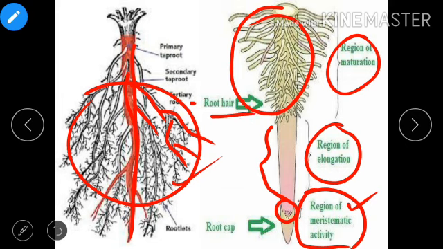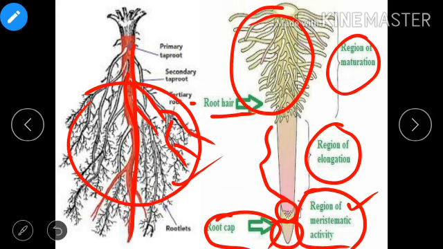The function of root hair is to increase the surface area for absorption of water. Now this is called root cap. This portion is root cap. This root cap protects the root tip from injury as it pushes through the soil.